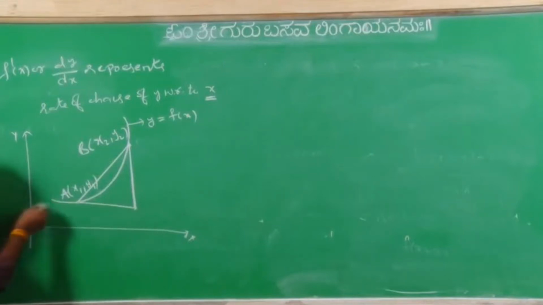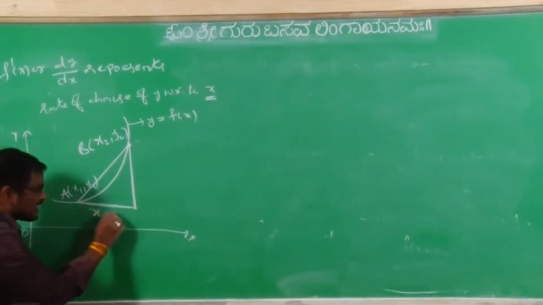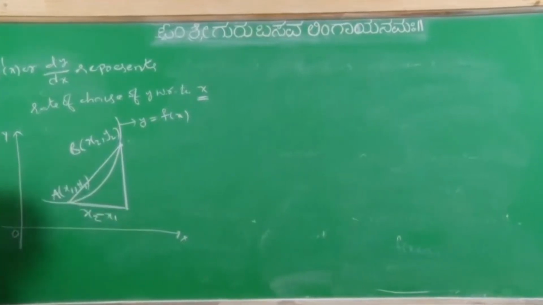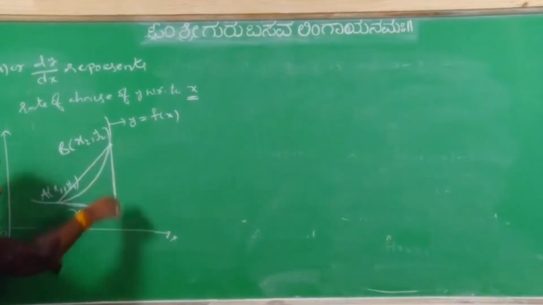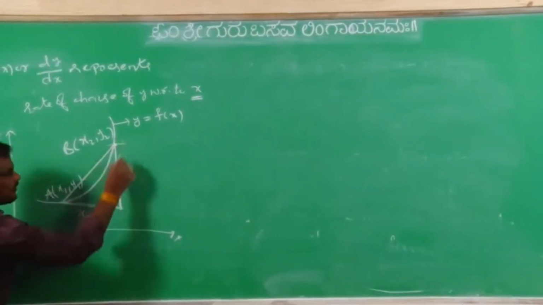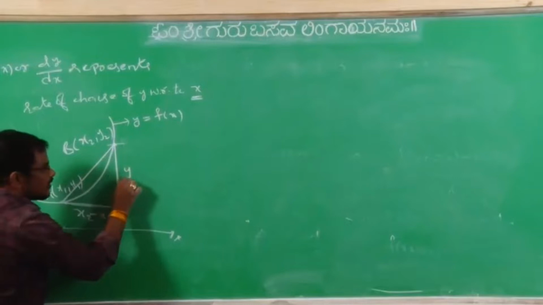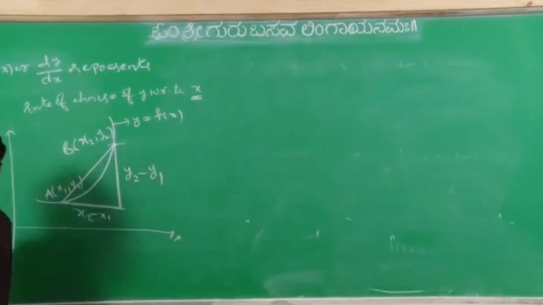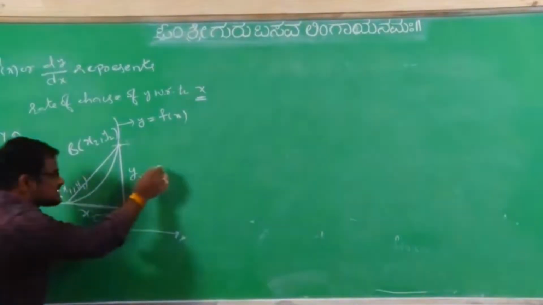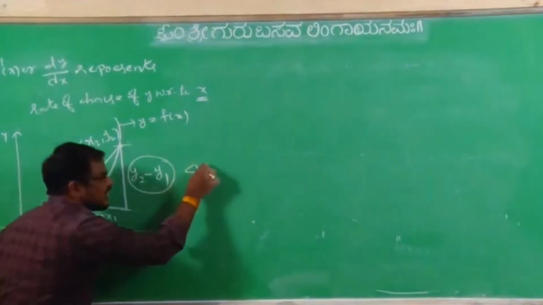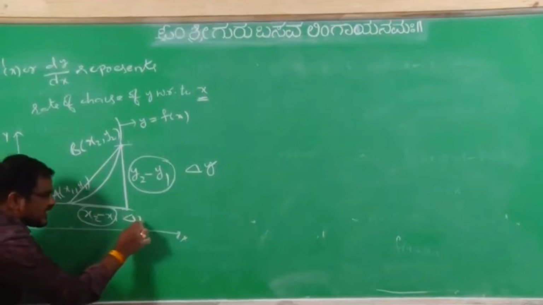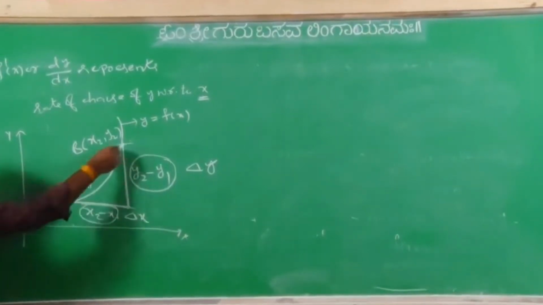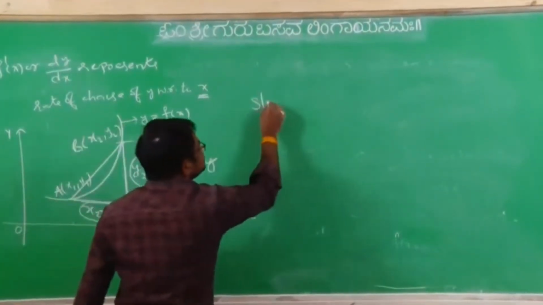Here to here distance is x2. What is this? x2 minus x1. Now here to here distance is y1, here to here distance is y2. What about this distance? y2 minus y1. This is change in y, and this is change in x. What is the slope of the curve?